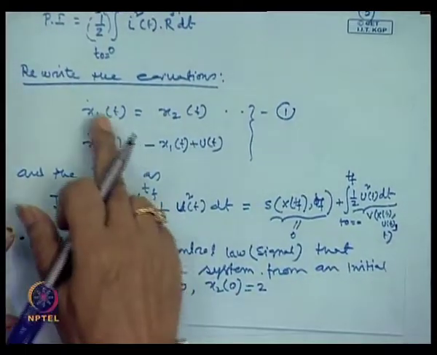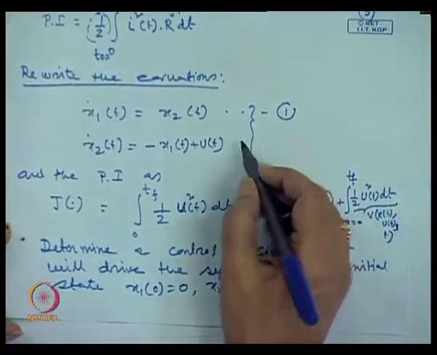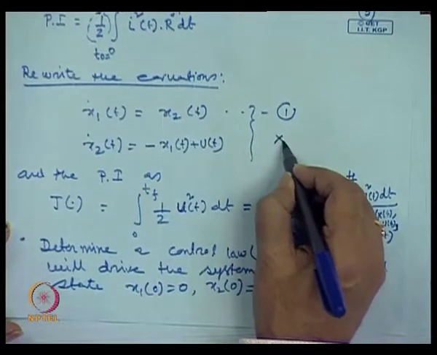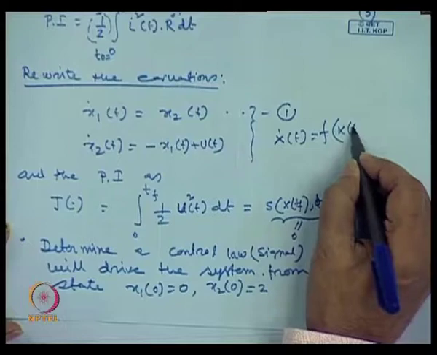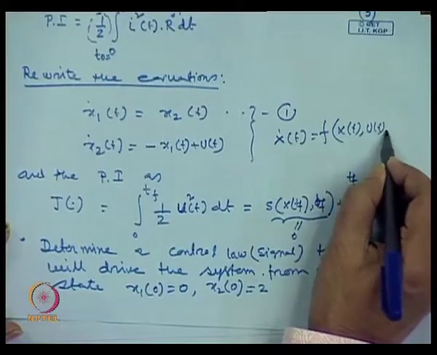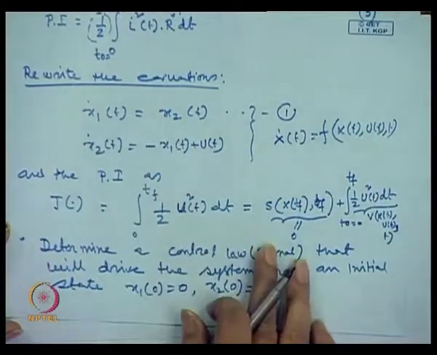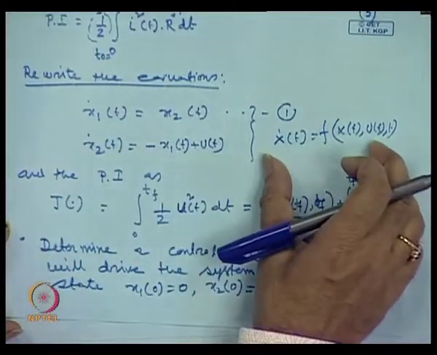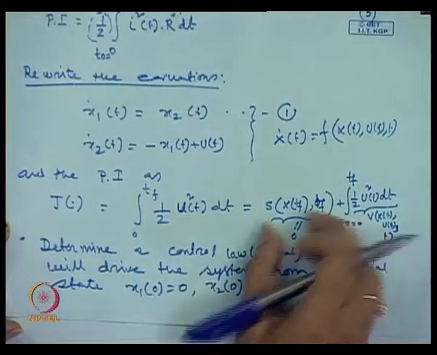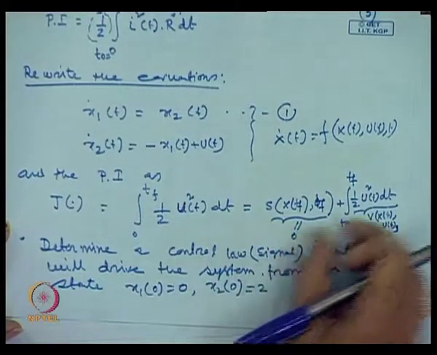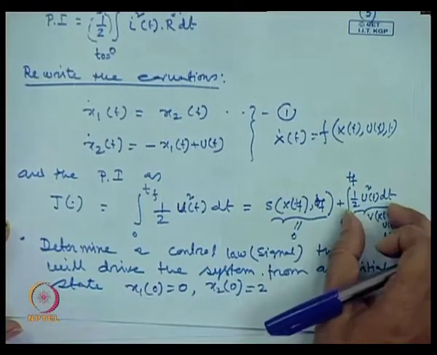So, we have a framework. We can write x dot of t is equal to f of x of t, u of t and t. So we have now made it in a general framework, x dot is equal to this, and our performance index is the terminal cost, which in our present case is 0, plus that integral cost function.